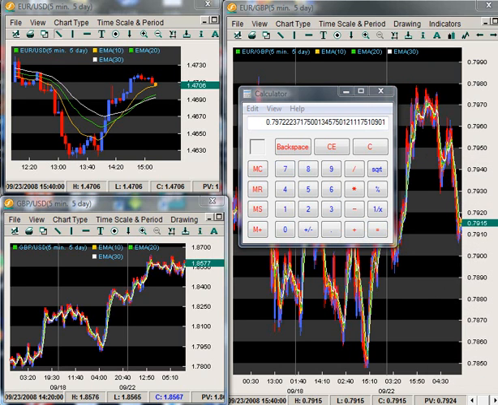So it's a mathematical certainty that if euro dollar is higher and cable is nowhere, euro sterling must be higher. And it's so important to trade and understand that.